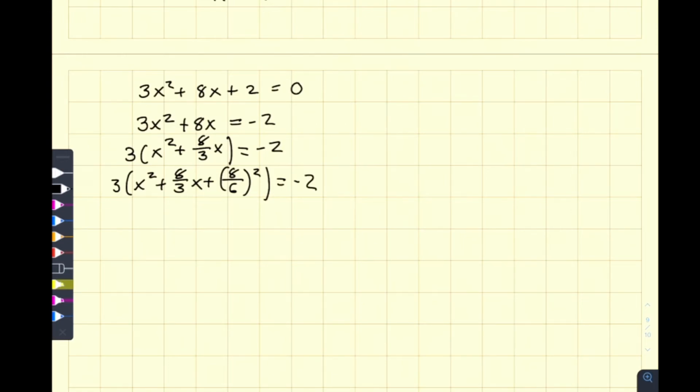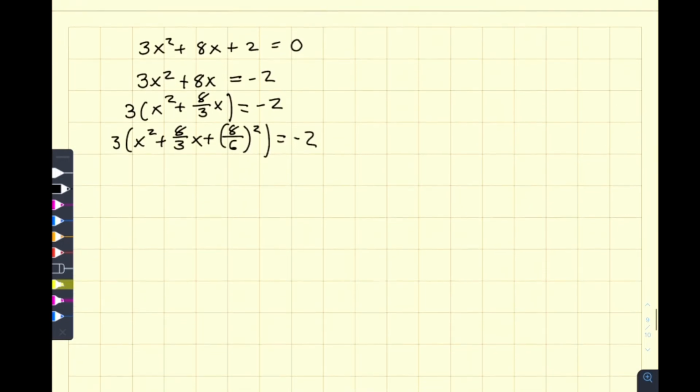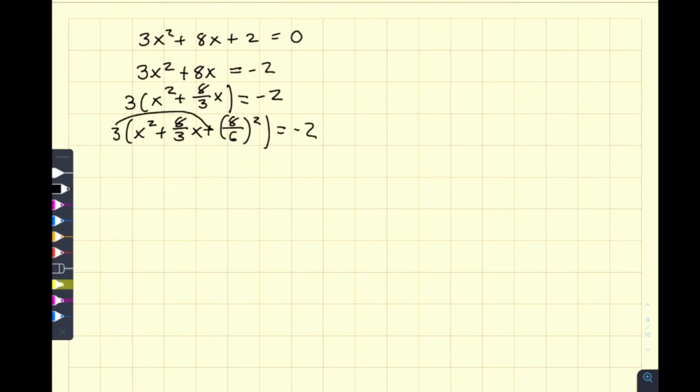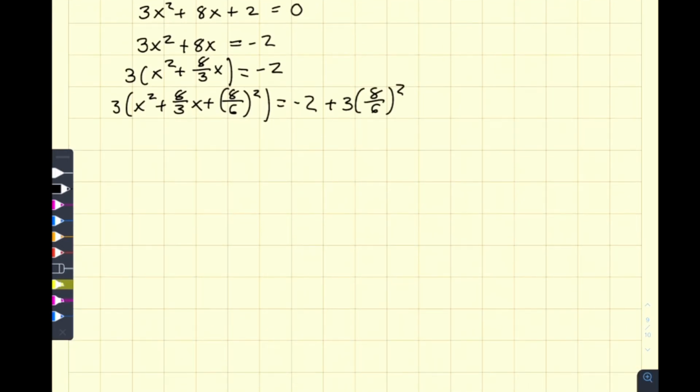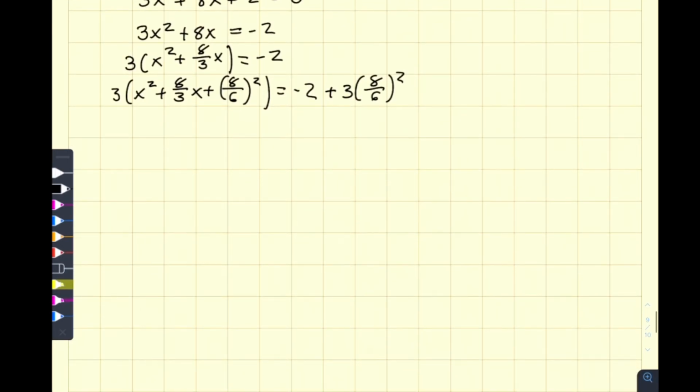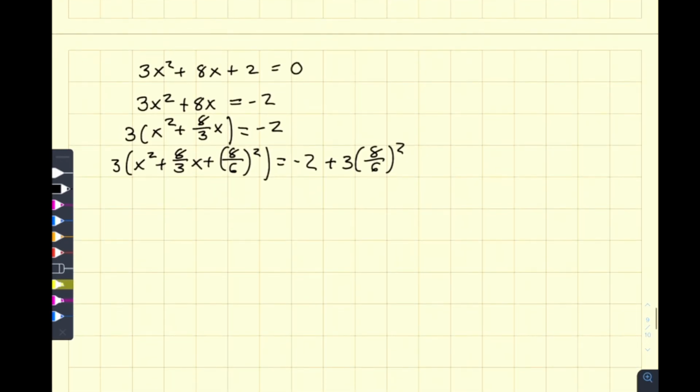And as a reminder, the 3 is being multiplied into this. So I'm going to multiply that too. Now, this will be simplified into 3 times (x plus 8 over 6) squared. The 3 goes down as well.